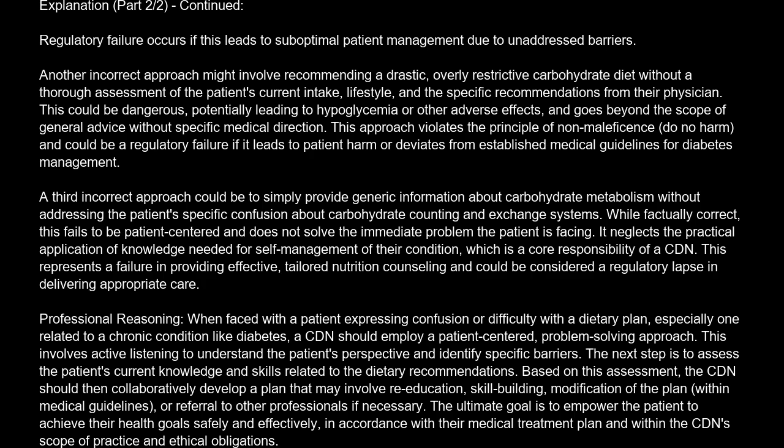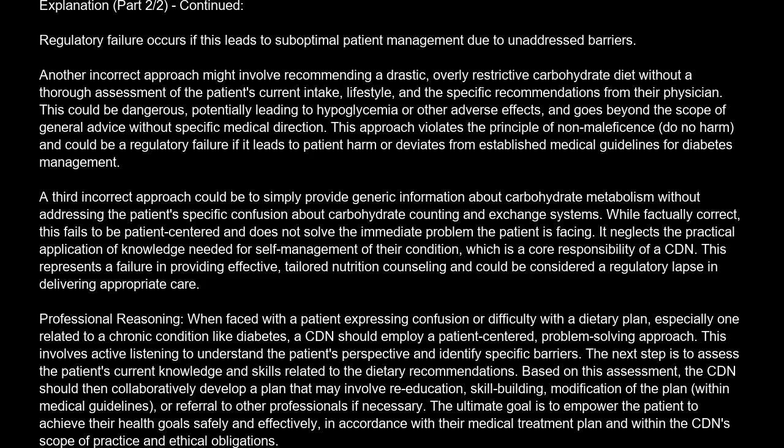appropriate care. Professional reasoning. When faced with a patient expressing confusion or difficulty with a dietary plan, especially one related to a chronic condition like diabetes, a CDN should employ a patient-centered, problem-solving approach. This involves active listening to understand the patient's perspective and identify specific barriers. The next step is to assess the patient's current knowledge and skills related to the dietary recommendations.